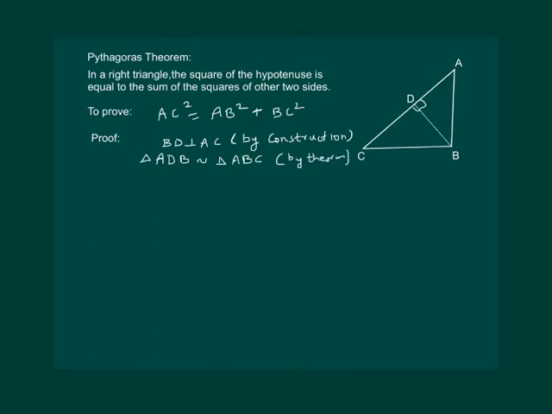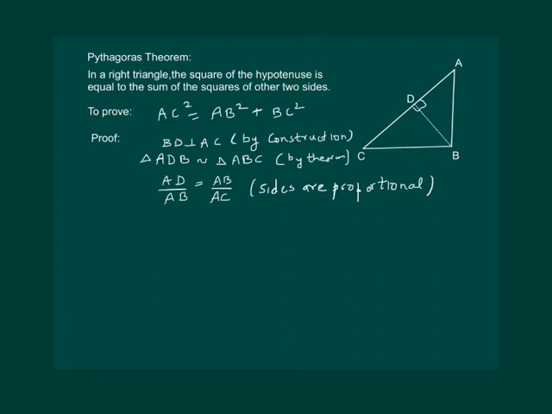Then if the two triangles are similar, their sides will be proportional, implying that AD by AB should be equal to AB by AC. Let us recall that if two triangles are similar, then their corresponding sides are in the same ratio, or they are proportional.